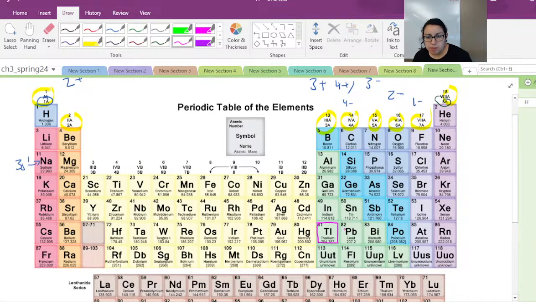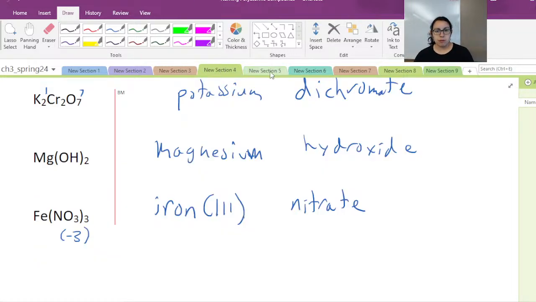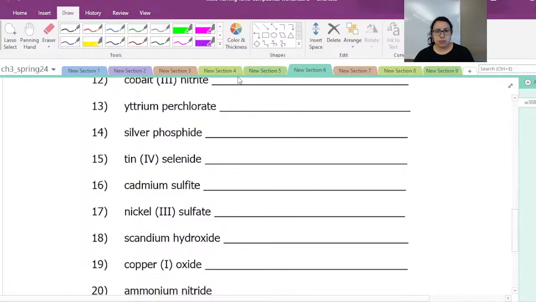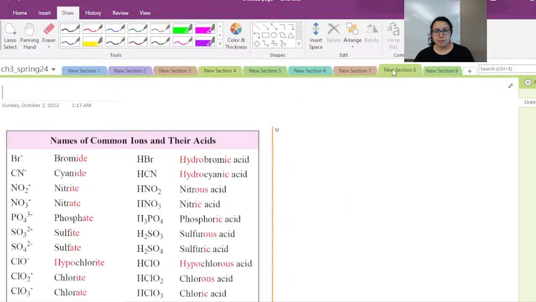So thallium, lead, tin, those are the big ones that have multiple oxidation states that I think you'll see. So how do you know which oxidation state? Then you have to base it off of the formula. So if we go back, right, so she was, oh, if I could find my work here.